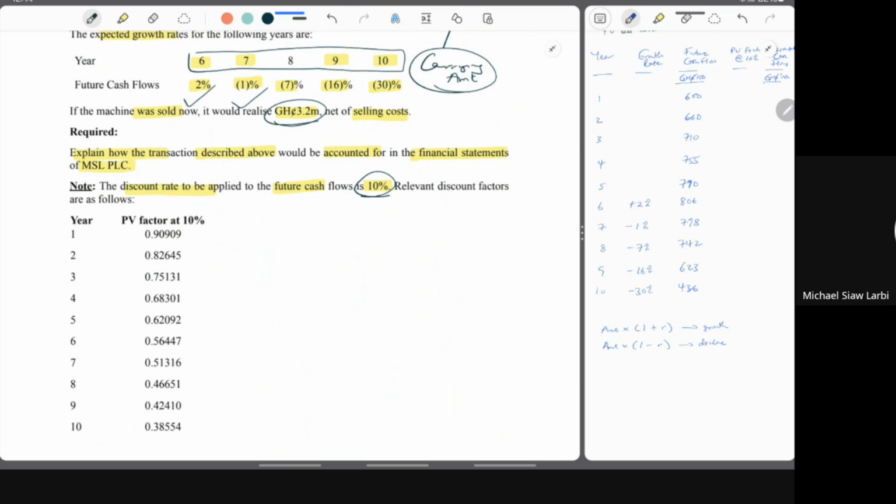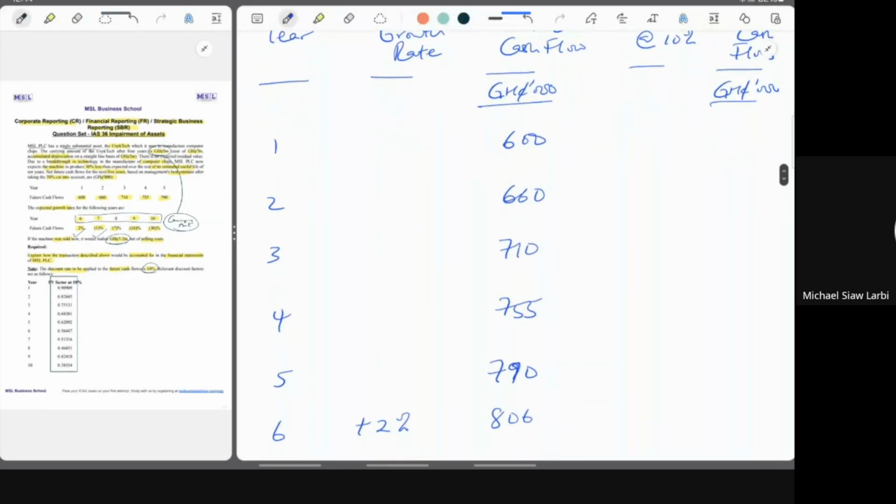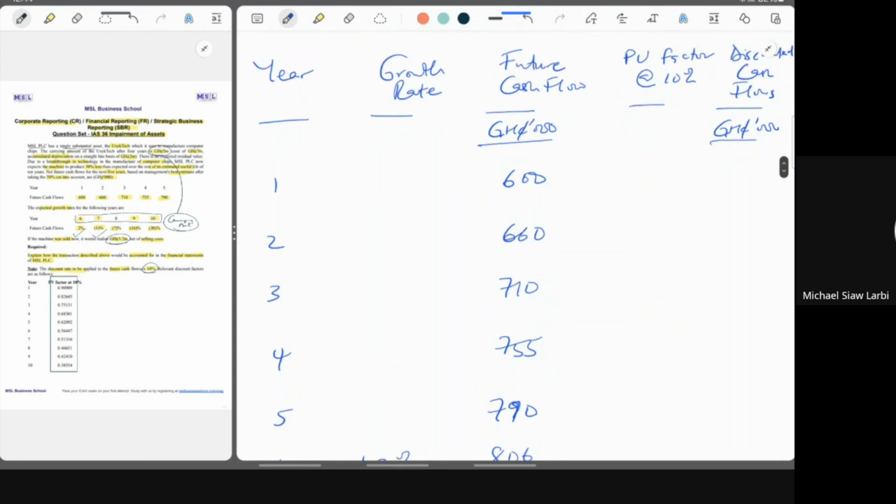So what we're going to do here is just copy these numbers into the table that we have. Let me do that here. Year 1 is 0.90909.